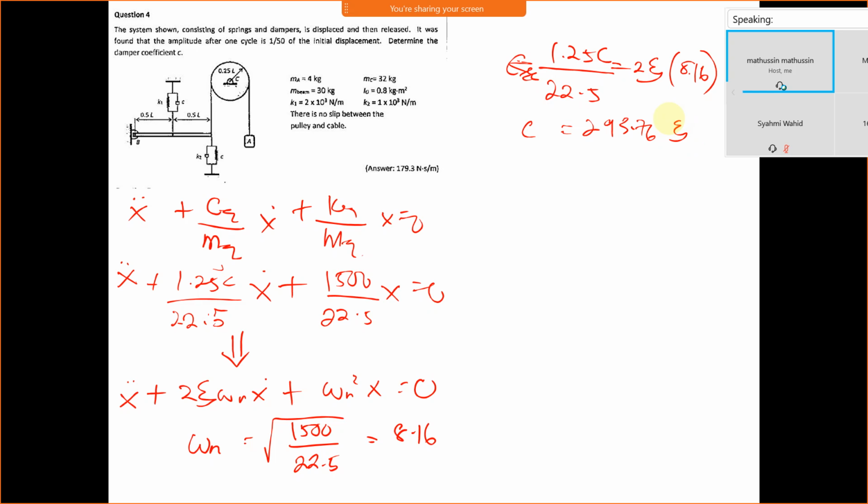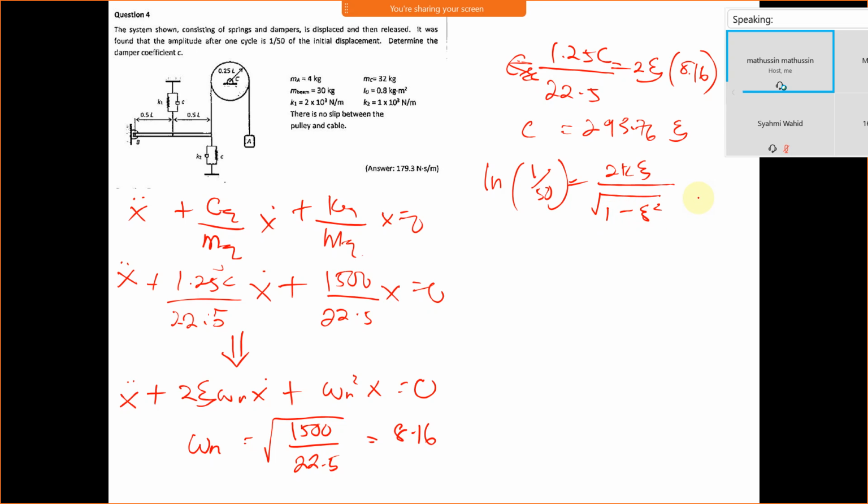So how to get the zeta? Based on equation, jadi kita learn secara zeta guna ratio tu kan? Yes, guna ratio lah. So learn 1 divided by 50 sama dengan 2 pi zeta over square root of 1 minus zeta square.